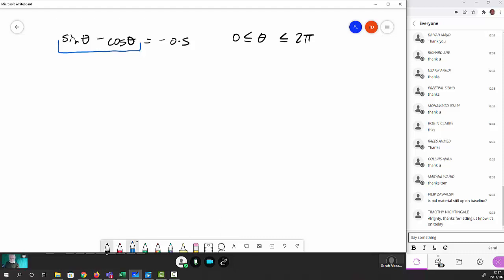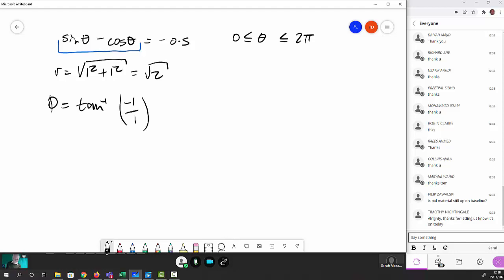Okay, so that's not really too hard to do. We're going to get r is equal to the square root of 1 squared plus 1 squared, obviously. So r is equal to root 2, and phi is equal to tan to the minus 1 of minus 1 over 1. Let's just remind ourselves what that means.